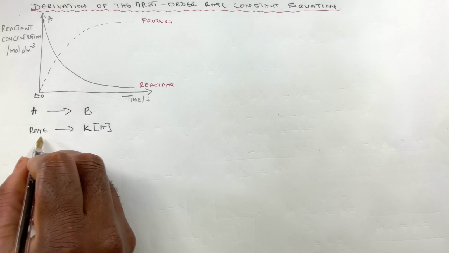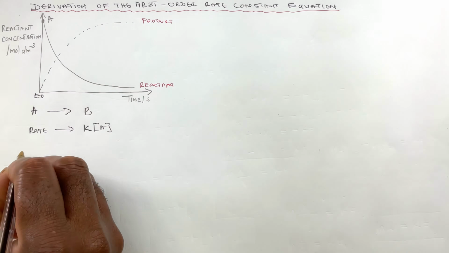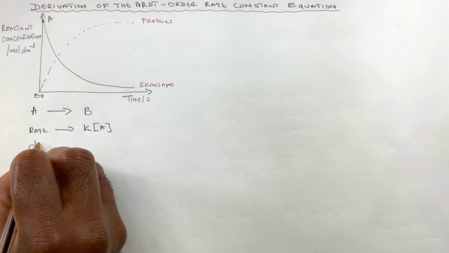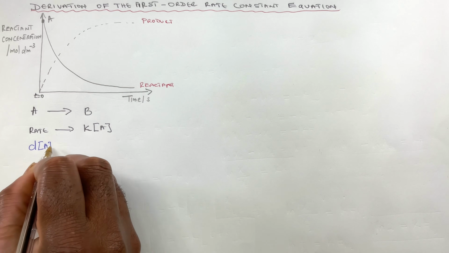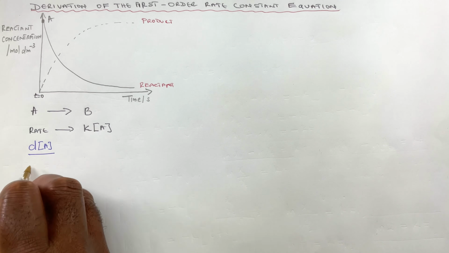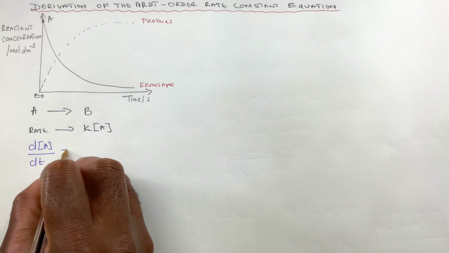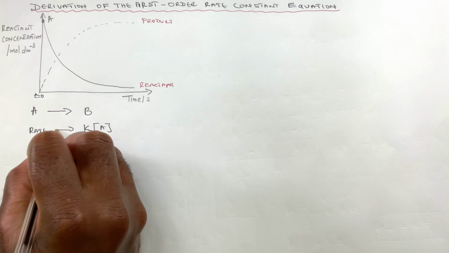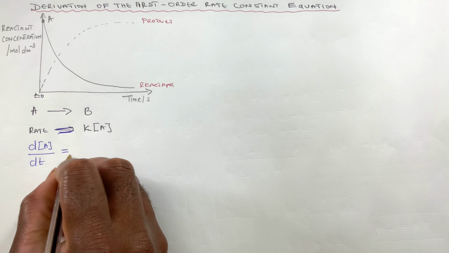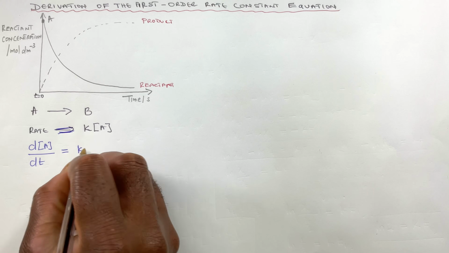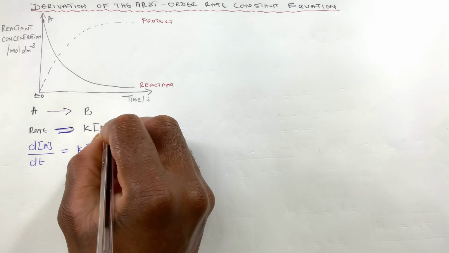So we can write the rate for A disappearing as the difference in concentration of A, where D stands for difference, over the difference in time, and that will be equal to K times the concentration of A to the power of 1.